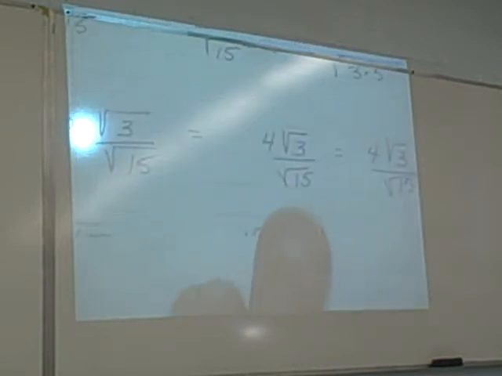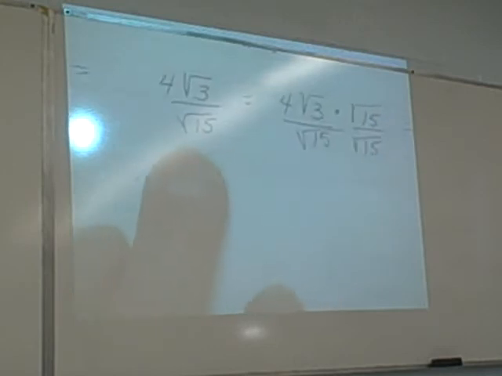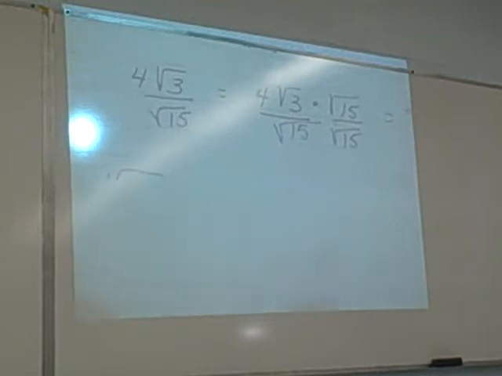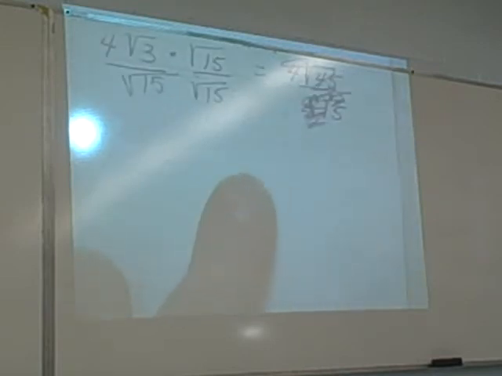Okay. So I decided to do what with those 15's? I multiplied them out. What am I going to have? 4 times what in my numerator? I'm going to have rad 45 over 15. And I'm even going to show you, oops, I made a mistake because I put a radical sign here.